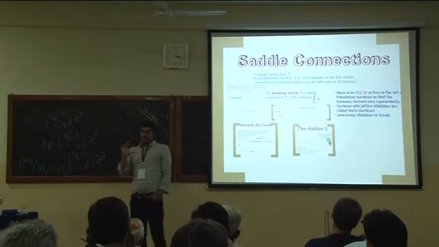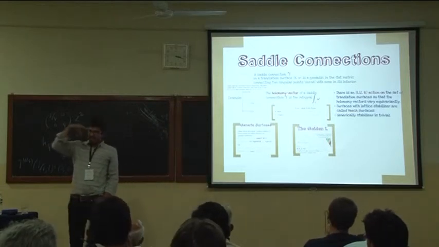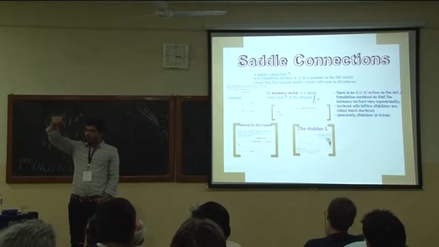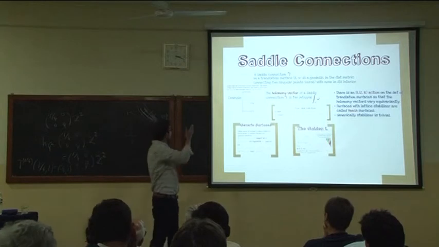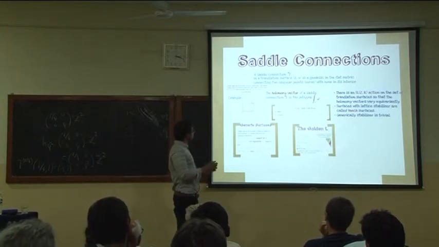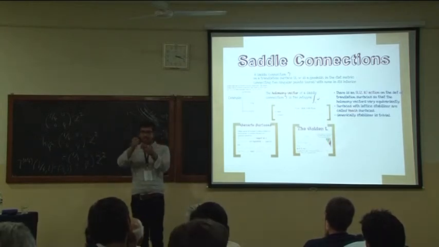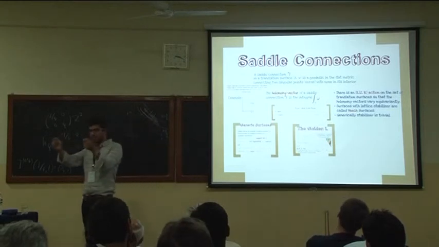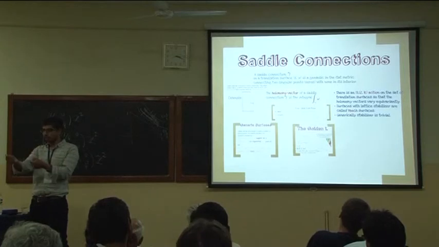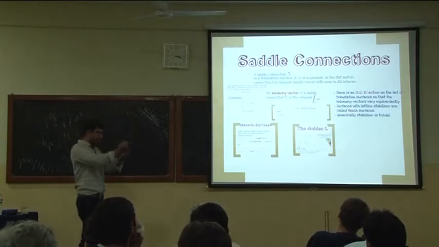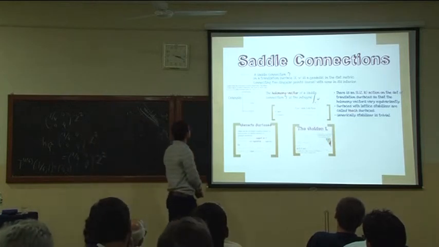And what we're interested in, remember we were interested in these closed geodesics on the torus. These are things that connect 0 to itself. A saddle connection is a geodesic in the flat metric which connects 2 singular points. Remember we had these singular points. What those singular points are in this complex analytic data are zeros of the holomorphic one-form. So a saddle connection is just a straight line connecting 2 zeros.